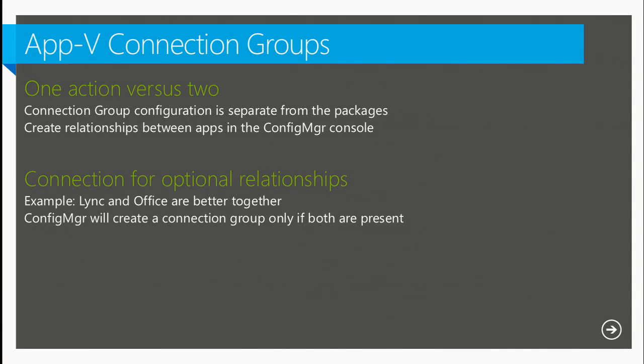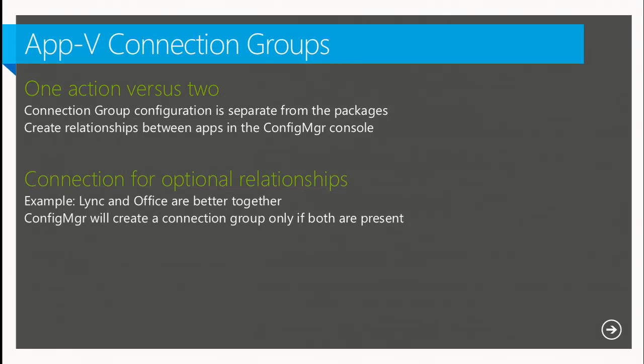In this case, it's just not going to work. The add-on has to run in the same bubble as Visual Studio. And this is what connection groups allow. Now, as opposed to Dynamic Suite Composition before, this is all configured from the Config Manager console. One place to do all of that, nothing during packaging. It's all in the Configuration Manager console.